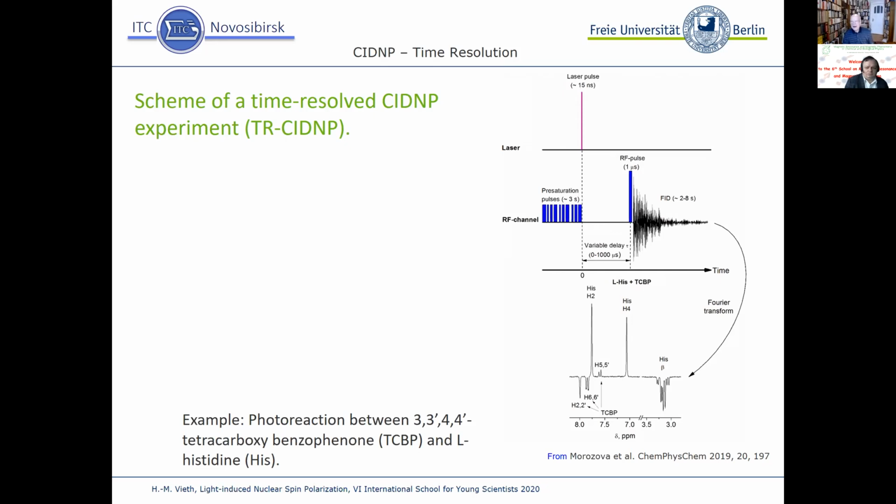Then you have a variable delay where you have your spin evolution going on. And then you have your detection by a standard NMR experiment with an RF pulse, pi/2 or shorter pulse. You see the free induction decay, you do the Fourier transform, and you get the CIDMP signal on the bottom.